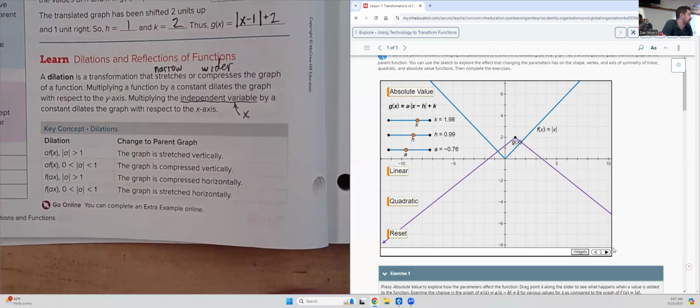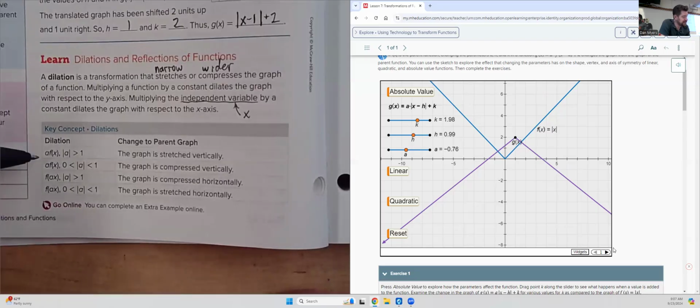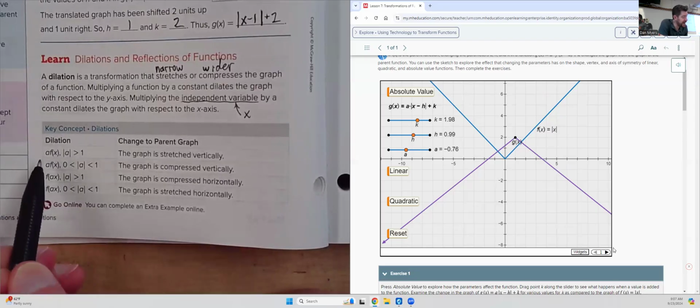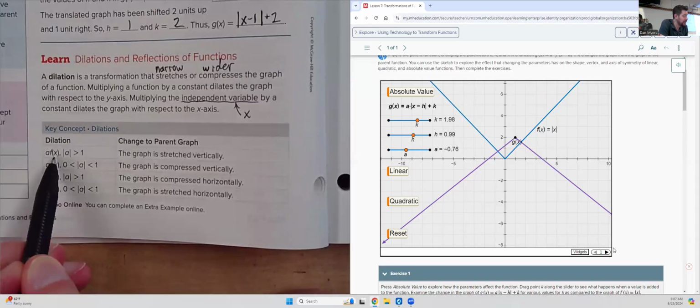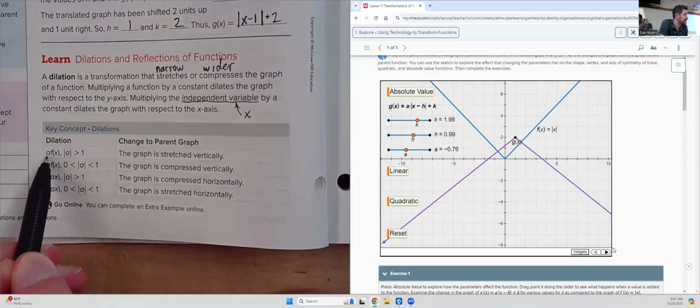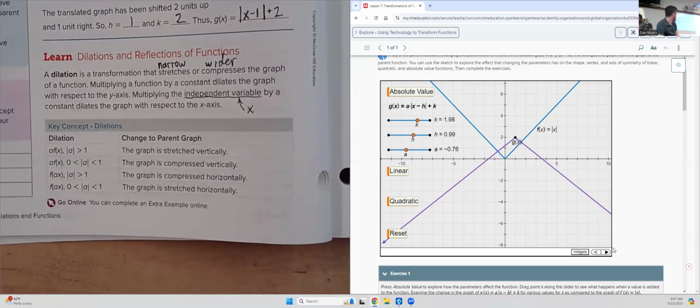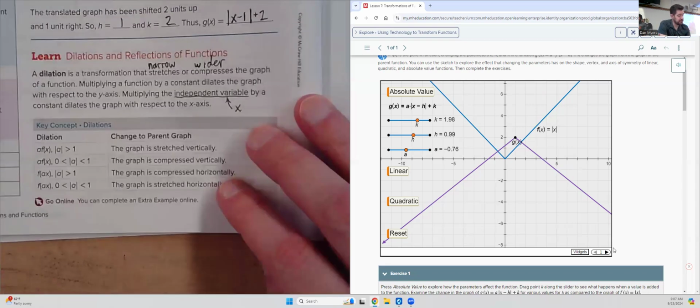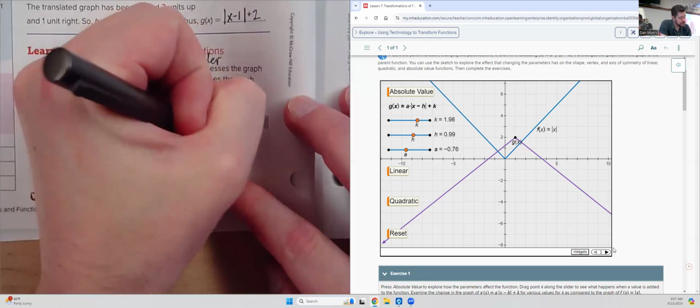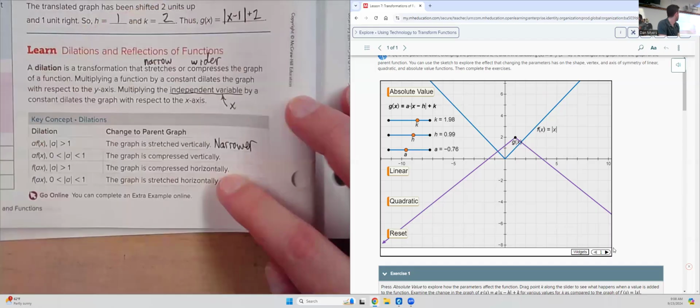If you are multiplying the y value, that's one of these first two things. Because if you multiply a times f of x, that would be whatever y is, f of x multiplied by a certain number. Now, if the absolute value of that number is greater than 1, it's going to stretch the graph vertically, meaning narrower.